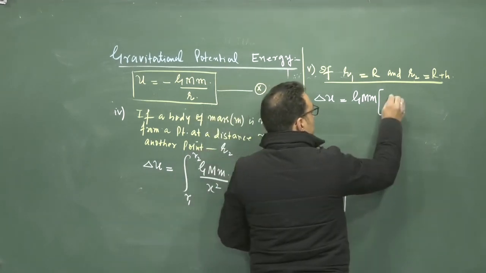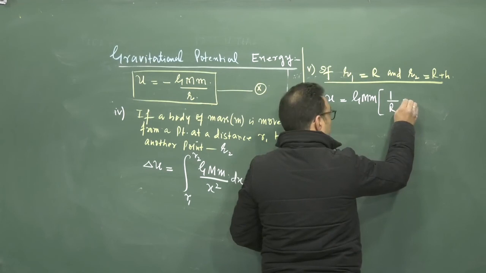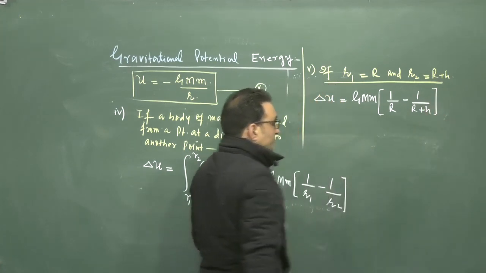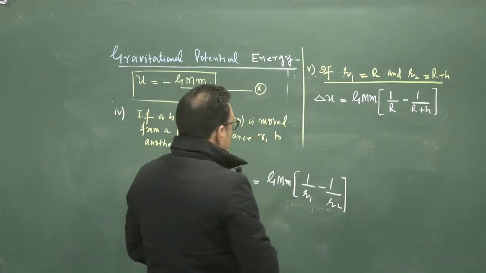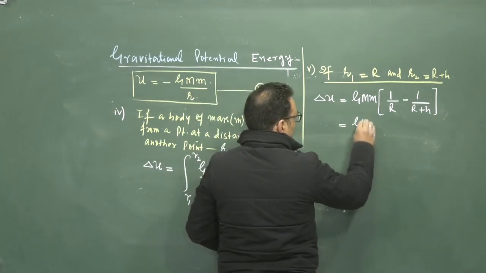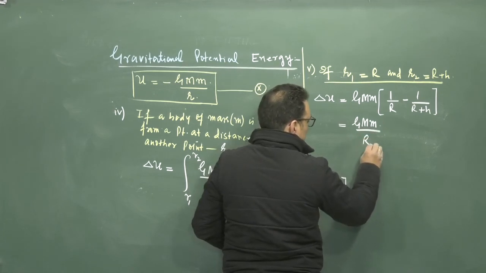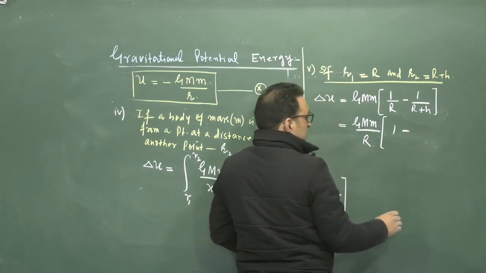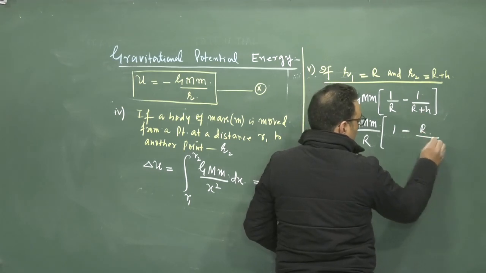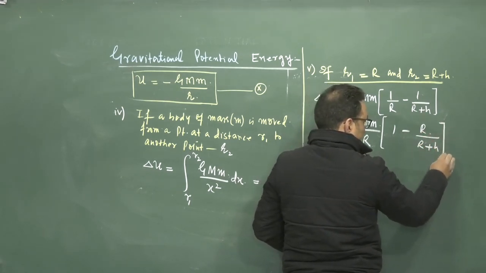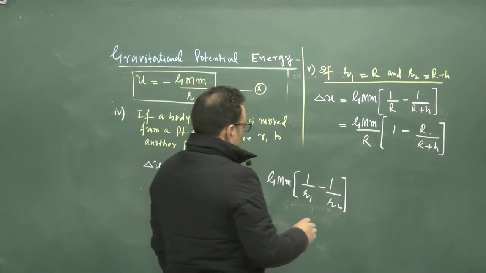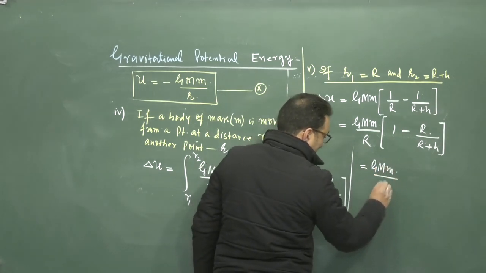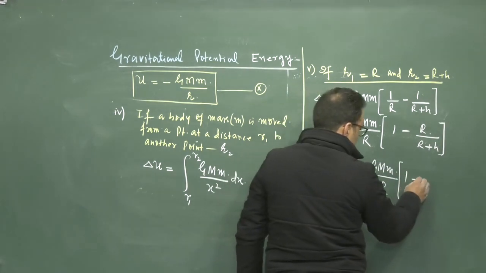Now 1 by R1 is to be replaced by 1 by R, then minus 1 by R2, which is to be replaced by R plus H. Now see, this will be equivalent to GMm, and I will write this as capital R, 1 by R. So this is 1, then minus R divided by R plus H. Now this is equal to GMm by R, this is 1 minus.